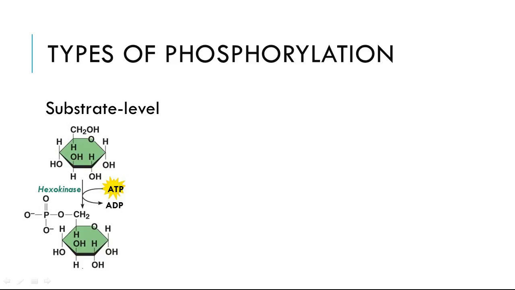Do we list which of the two metabolic pathways that we'll study where the substrate level phosphorylation takes place? Phosphorylation during glycolysis and also during the Krebs cycle or the citric acid cycle. Citric acid cycle is another name for the Krebs cycle, and it has a third name.